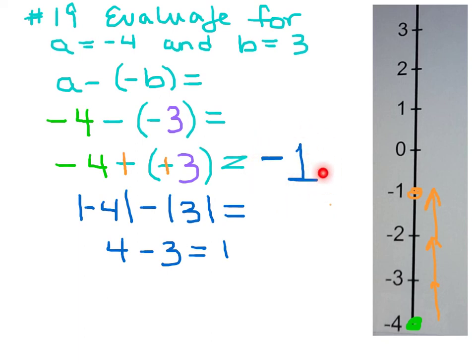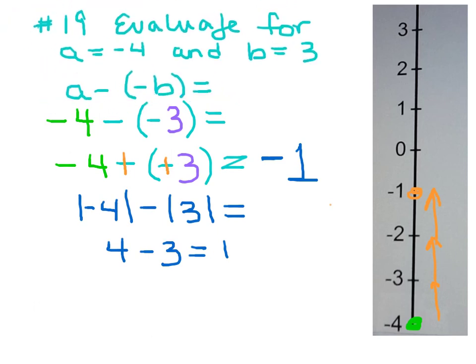All right, so this one wasn't so bad. We evaluated, which means we had to give our variables a value. We put in their value. We could either do it via the number line, or we could do it by saying I have the opposite of an opposite, so I'm going to take the opposite of both my signs, in which case I rewrote it as an addition problem.